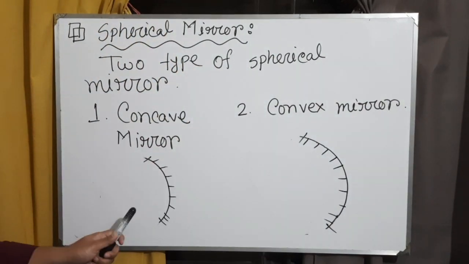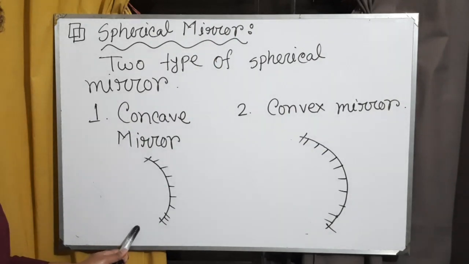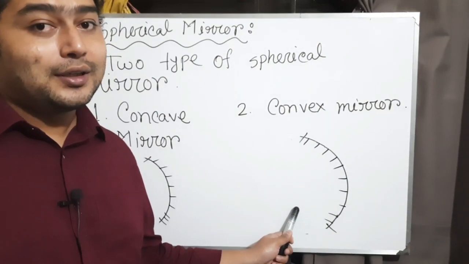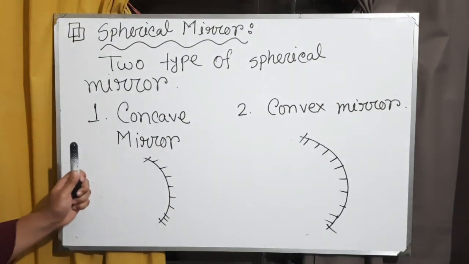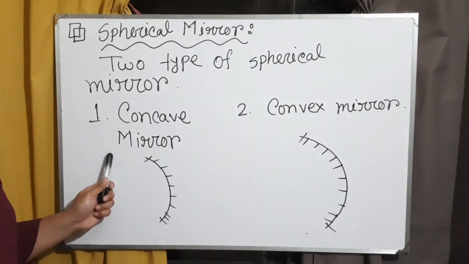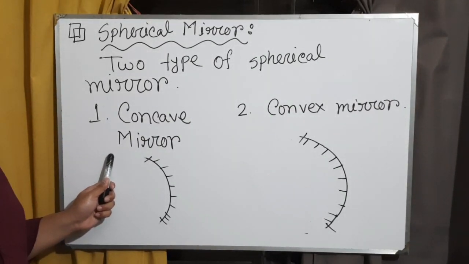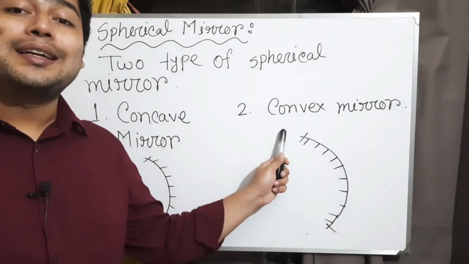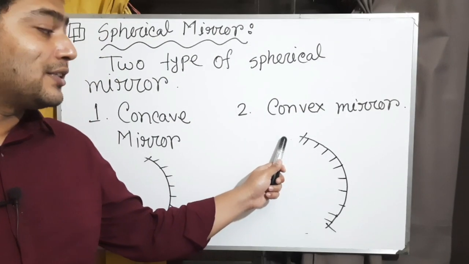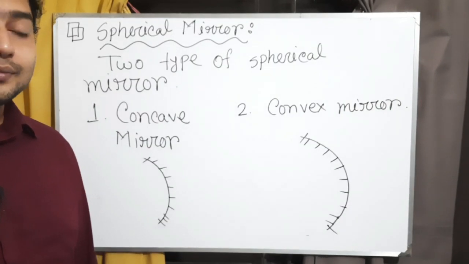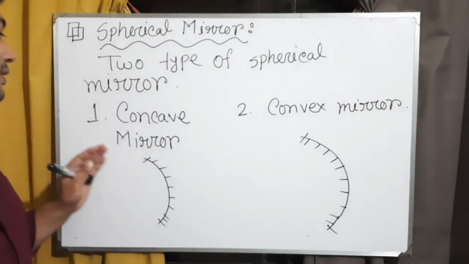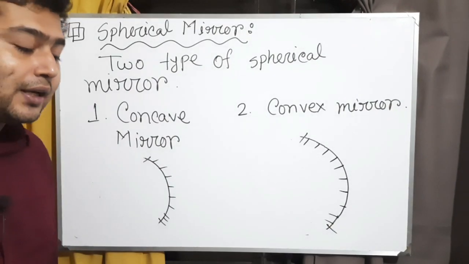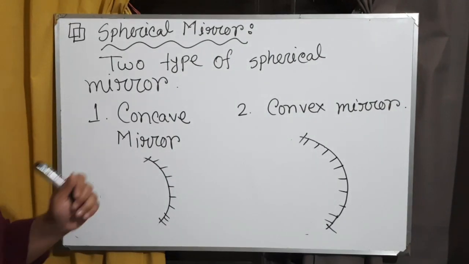So this is our concave mirror and this is our convex mirror. The concave mirror is called a converging mirror and the convex mirror is called a diverging mirror. This is our first part.